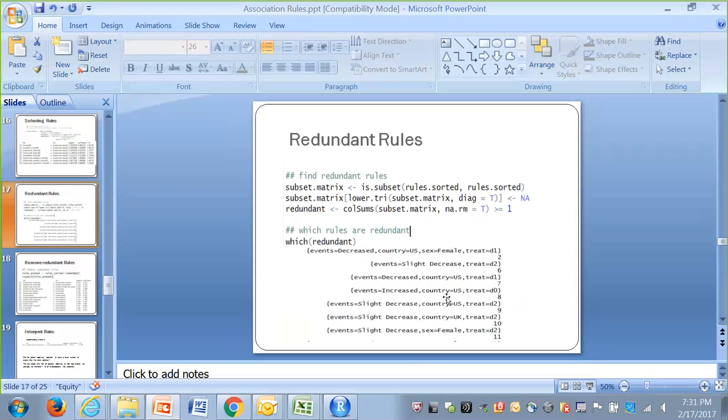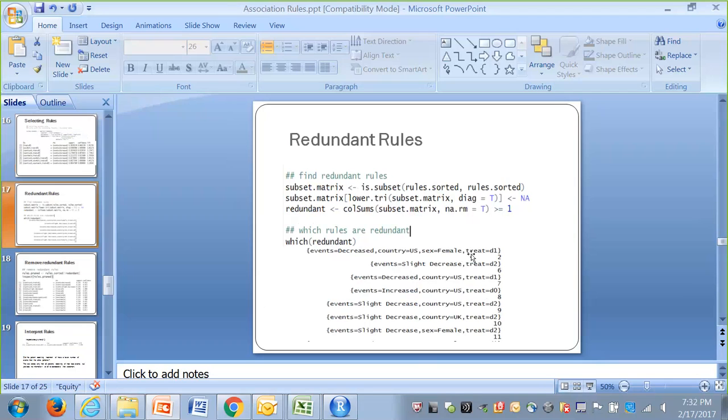So here's a typical one, what we call redundant rules. Basically, they're subsets of a particular rule. An example here is decrease, country, sex female, treatment 1. You can have another rule in the data that only has country, sex, and treatment, so it's a subset of one rule and doesn't really add any value.